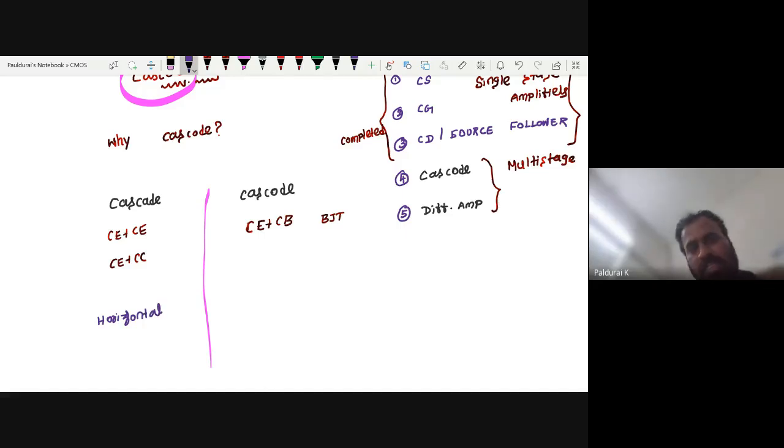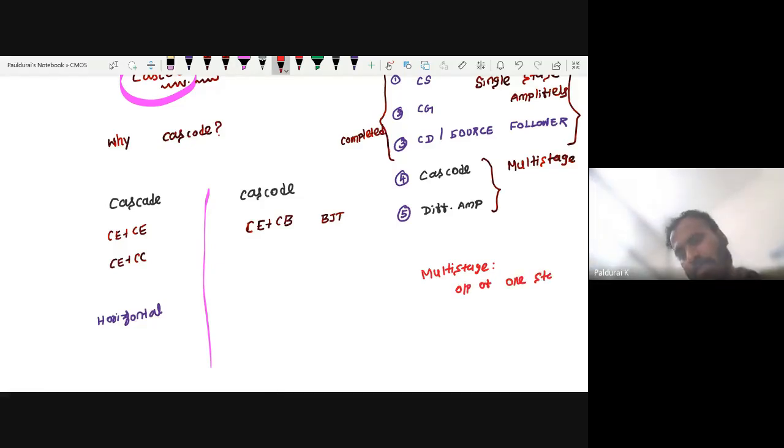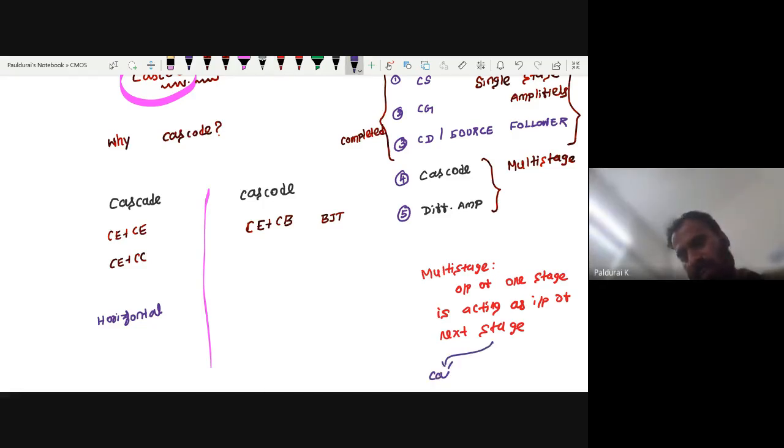Actually, in multi-stage, what is the meaning? What is the drawback of single stage, and why have we moved to multi-stage? In multi-stage, the output of one stage acts as the input of the next stage. In multi-stage, we have cascade and cascode.